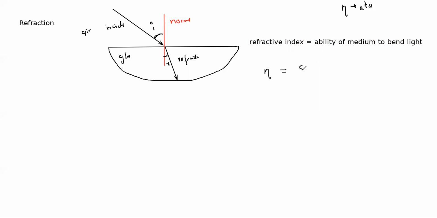The formula is sine, you take in trigonometry. So sine angle I divided by sine angle R. And this formula is valid when it is traveling from a low density to a high density medium.